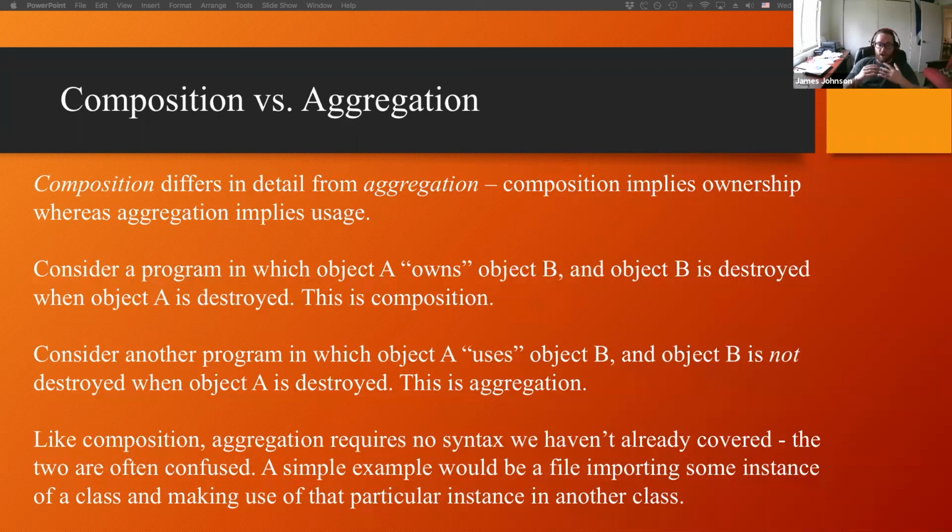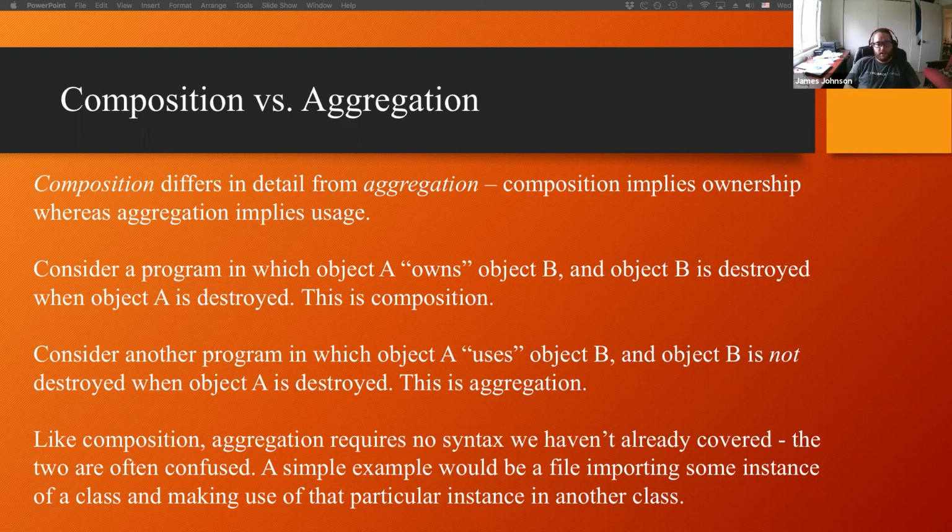Whereas if an object simply used another one, then that is aggregation. Specifically, if a given object is destroyed when you destroy a given class, that's composition. But if I were to destroy a class which did not get rid of one of its components, then that is aggregation.